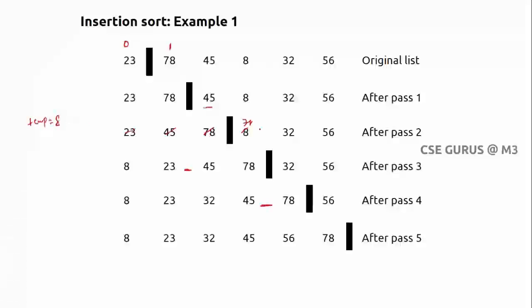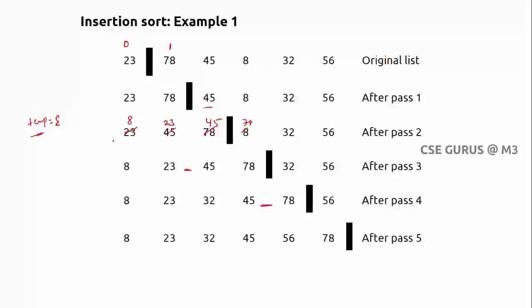So 78 here, 78 here. Now the next one, 45. Is 8 less than 45? Yes, true. So this 45 will come here. Next, is 8 less than 23? Yes, true. So this 23 will come here. Now this is over. Now here I'll put the temp at the end like this.